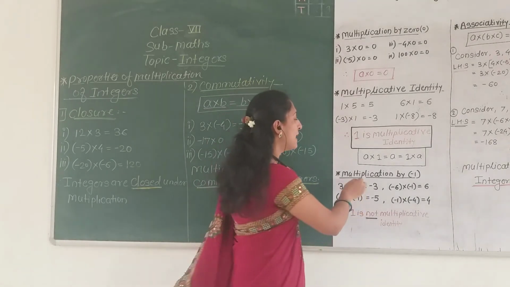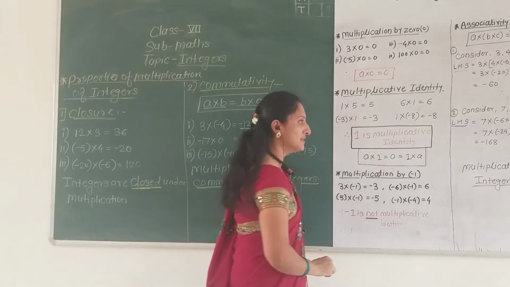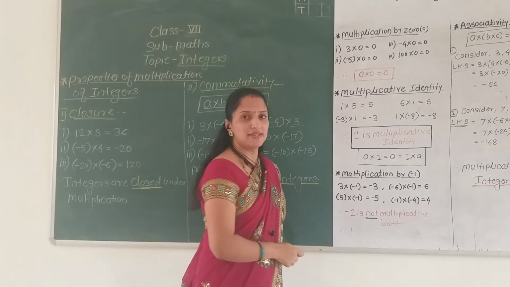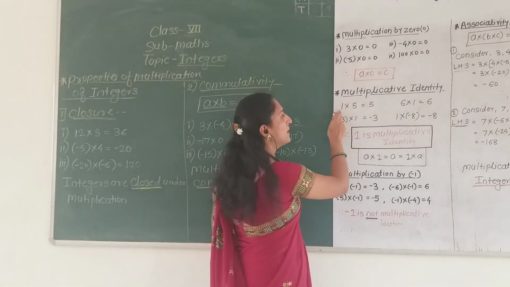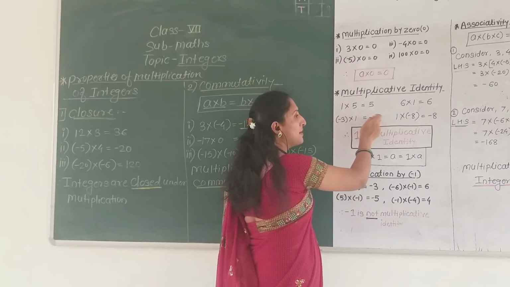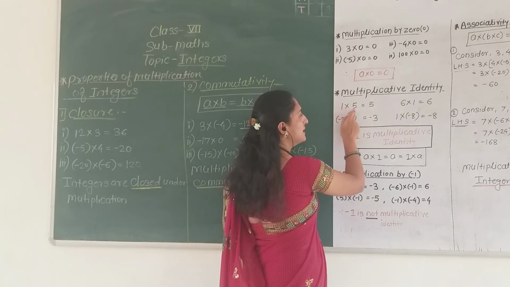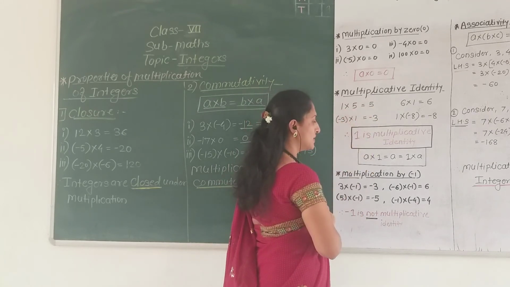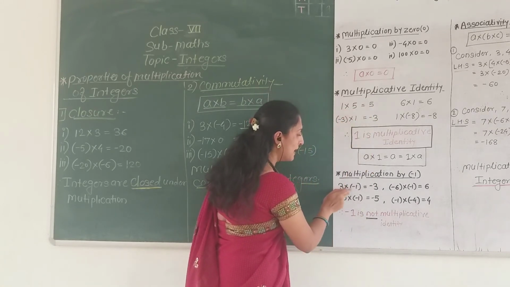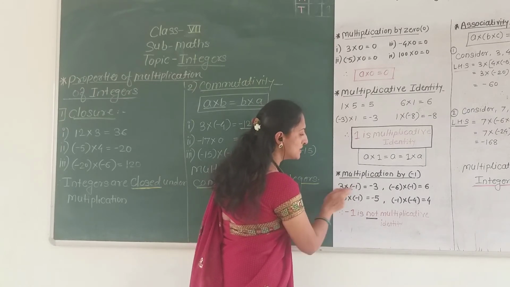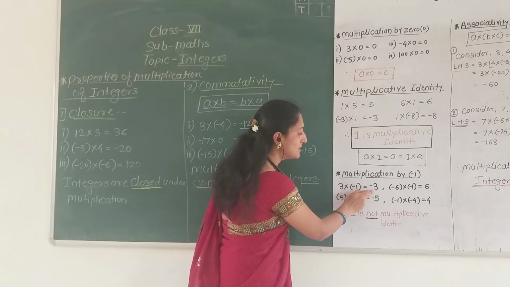That means by multiplication with negative 1, we do not get the same answer. When we multiply 1 with any integer, we get the same integer. But when we multiply by negative 1 with any integer, we do not get the same integer.